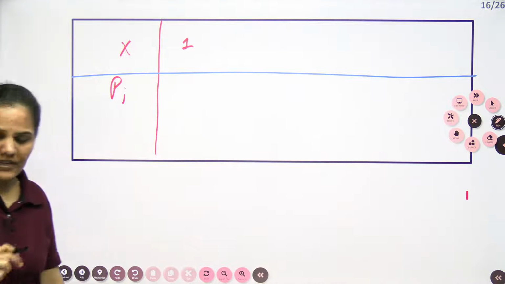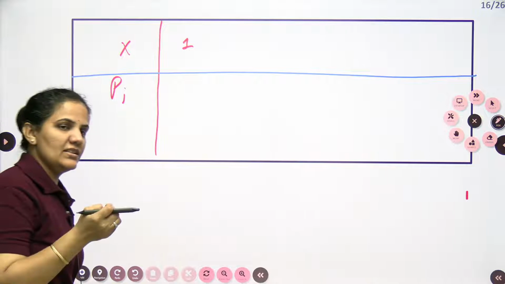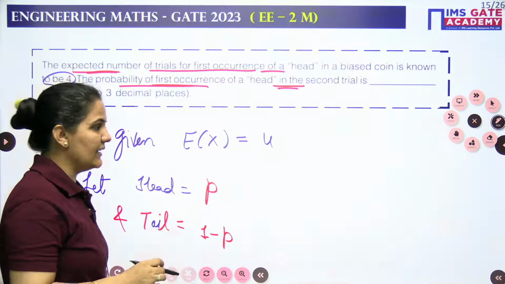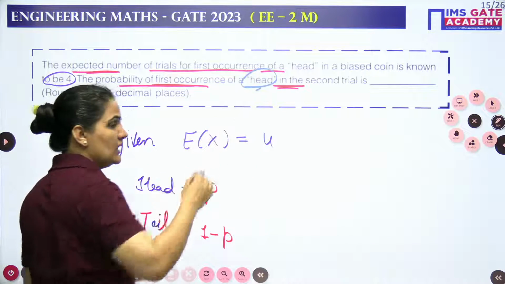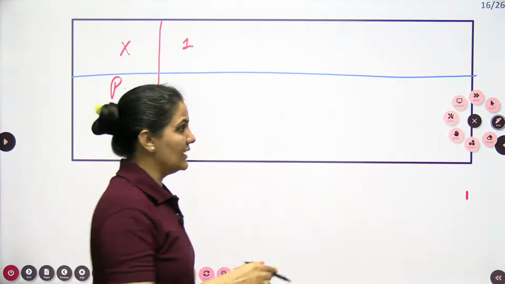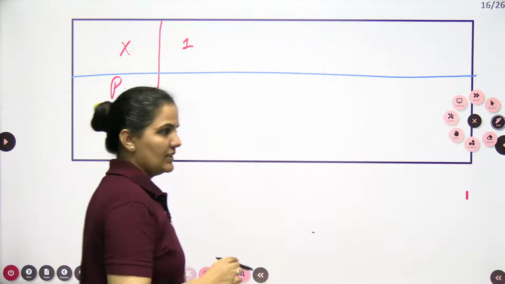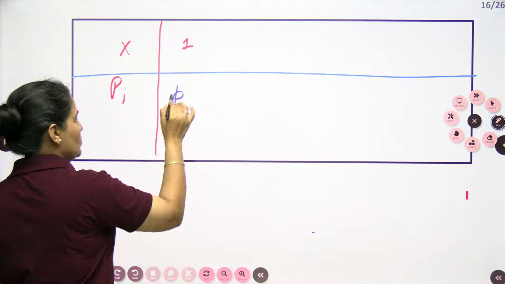Suppose my number of trials is 1. When we just toss the coin, we are getting head, because it is asking about head only. So I am considering all the conditions of what my result should be. When I throw my coin the very first time and have the head, the probability is p.